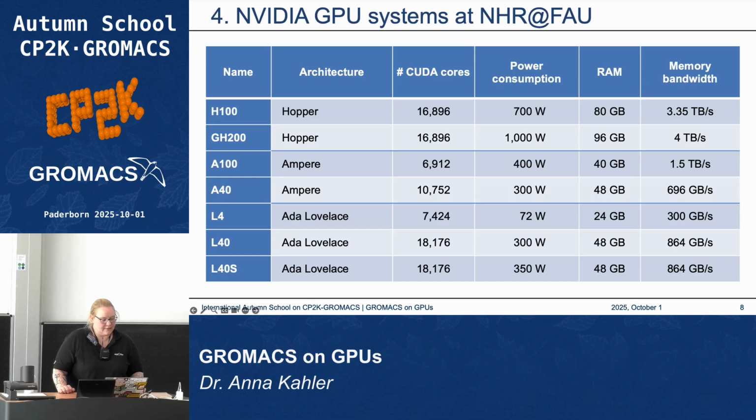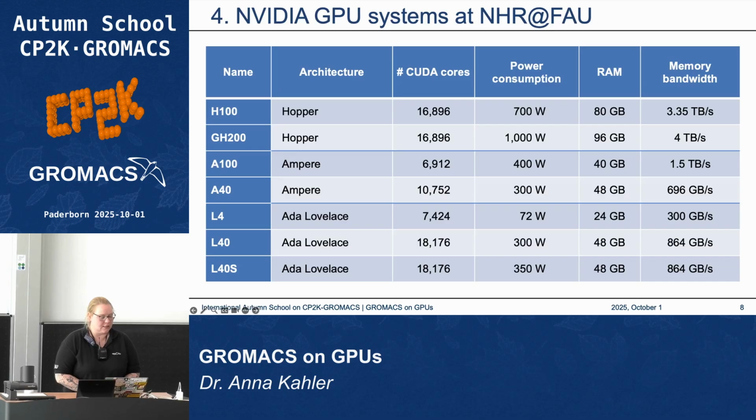And then there's this Ada Lovelace architecture, which is quite lovely for MD simulations, really, because it has a high CUDA core count. It is higher than in the Hopper architecture, and CUDA cores are the only ones that GROMACS can use. So all of the nice tensor cores that are now on the NVIDIA GPUs are basically useless for GROMACS.